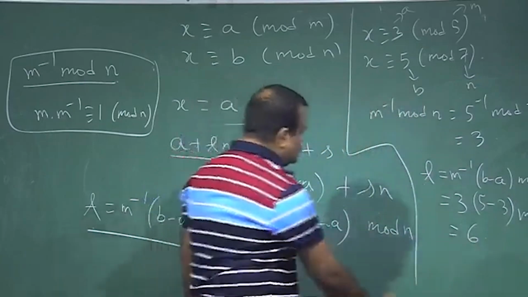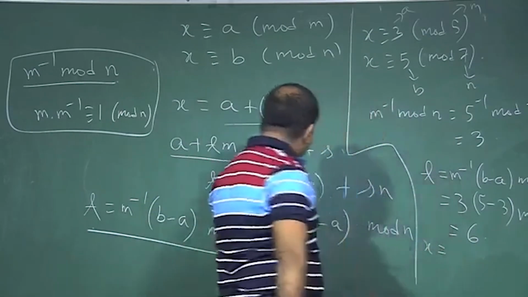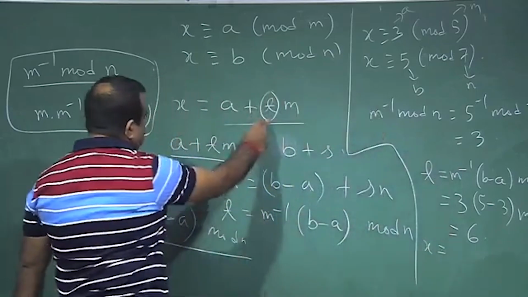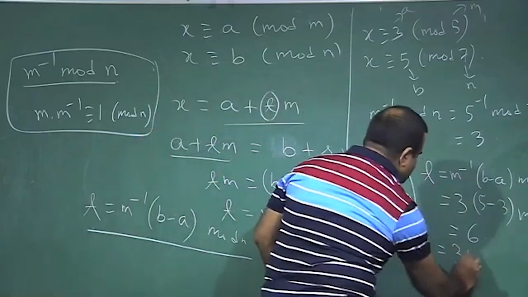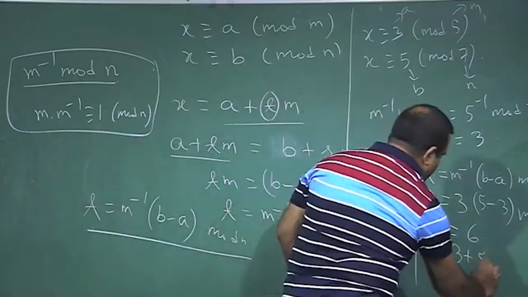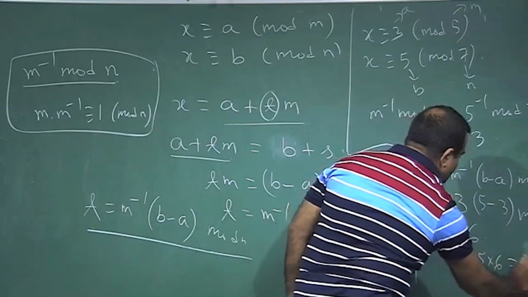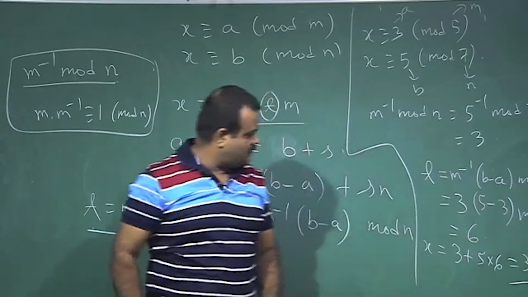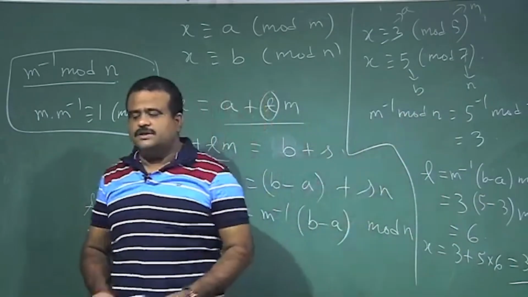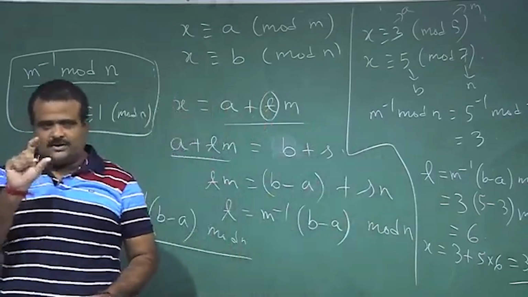So, x is basically a plus t into m. So, 3 plus 5 into 6, that is 33 mod m into n, which is 35. So, this is the solution coming from this. So, this is the Chinese remainder theorem for two equations.